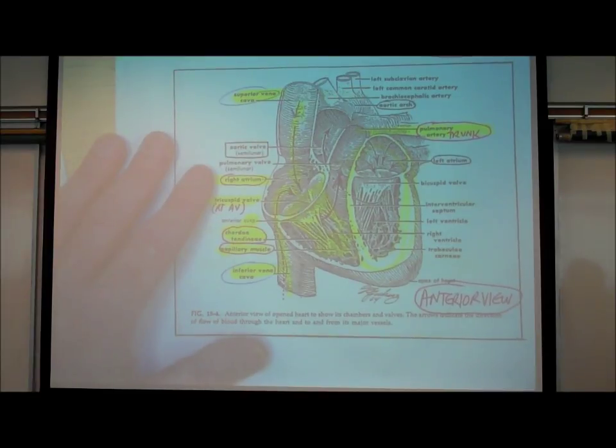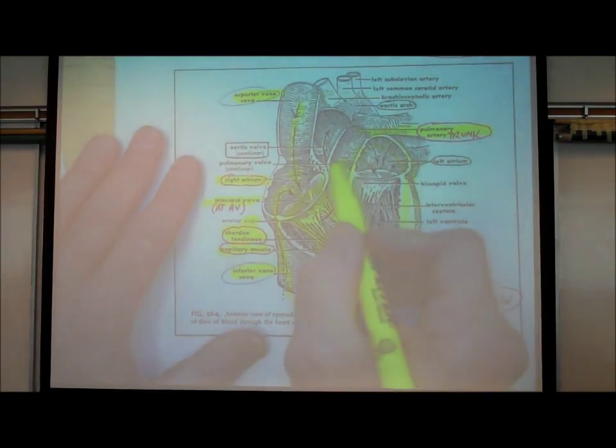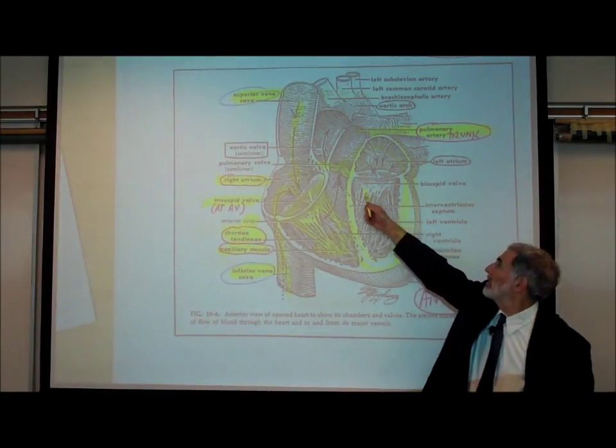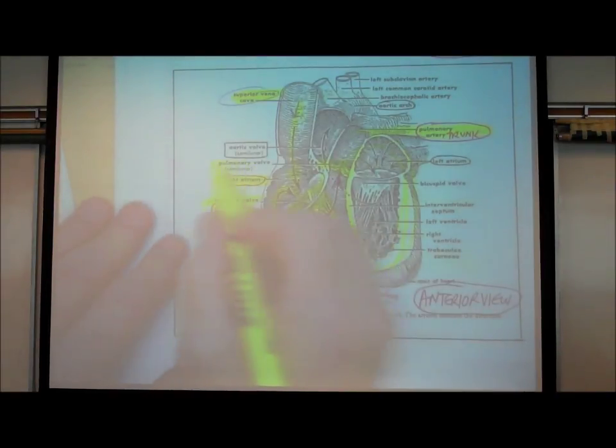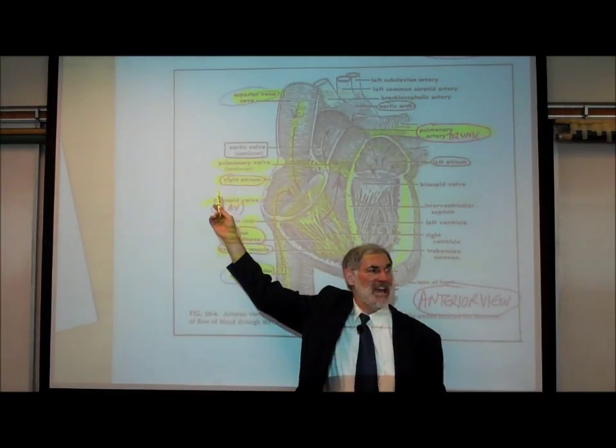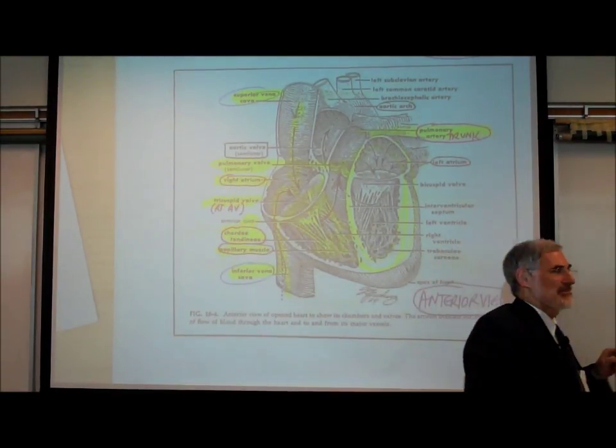It's the pulmonary artery trunk. Notice that there is a valve that controls the flow. This valve right here is called the pulmonary valve. And this time it's already written for you. Another name for it is a semilunar valve.